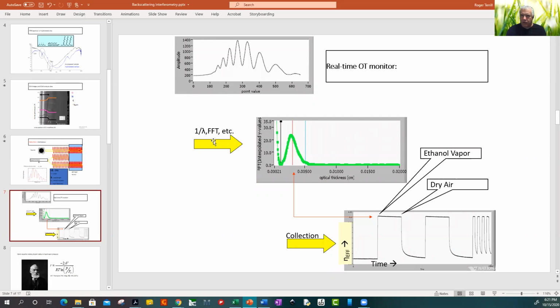And then I Fourier transform it. And this whole blobbity blob thing turns into a single peak. This blob turns into this green blob. Now, who knows anything about the Fourier transform?